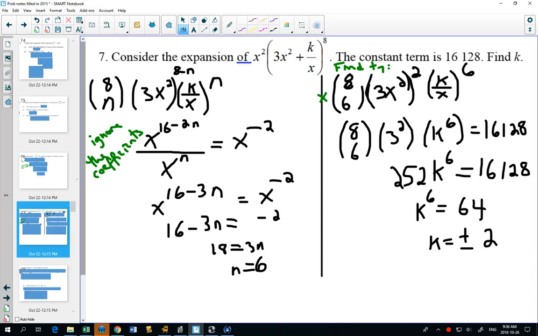Technically, I should have the x squared out in front of this, but then all of my x's cancel out because it is the constant term. And you can solve for k.